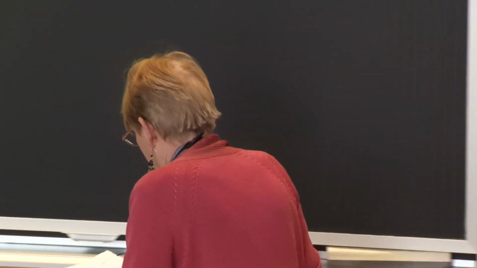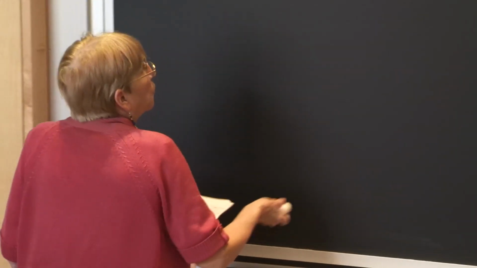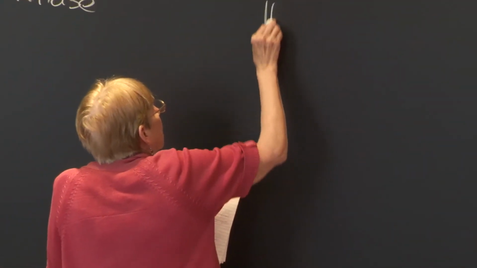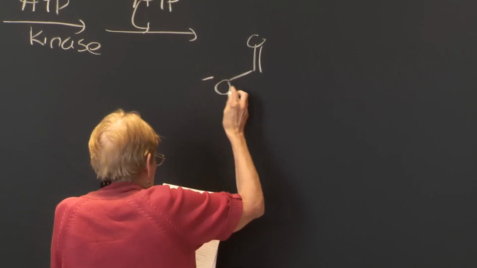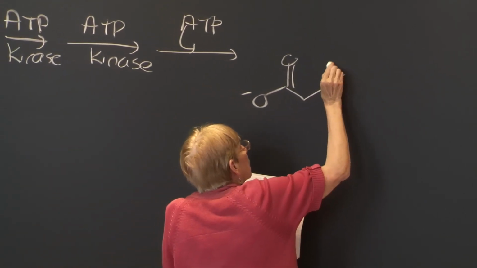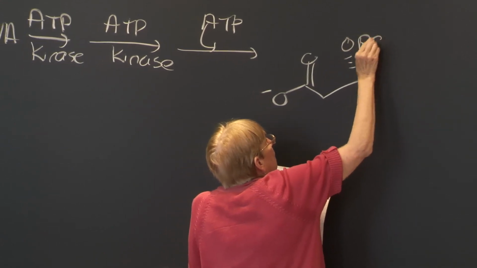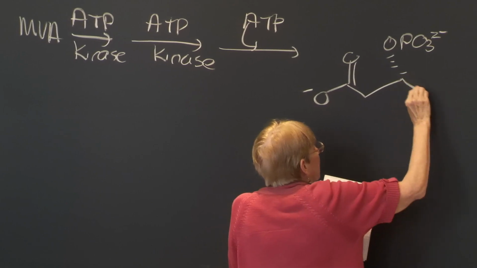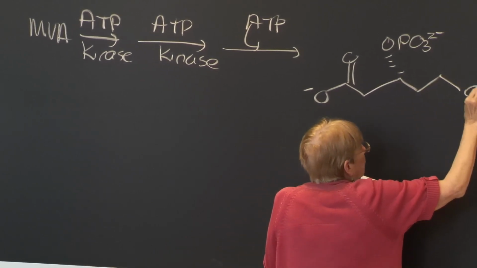So if you look at what's going on in that reaction, we have a third ATP, and the ATP is used to phosphorylate the alcohol. Okay, so what we're doing basically is making it into a good leaving group.